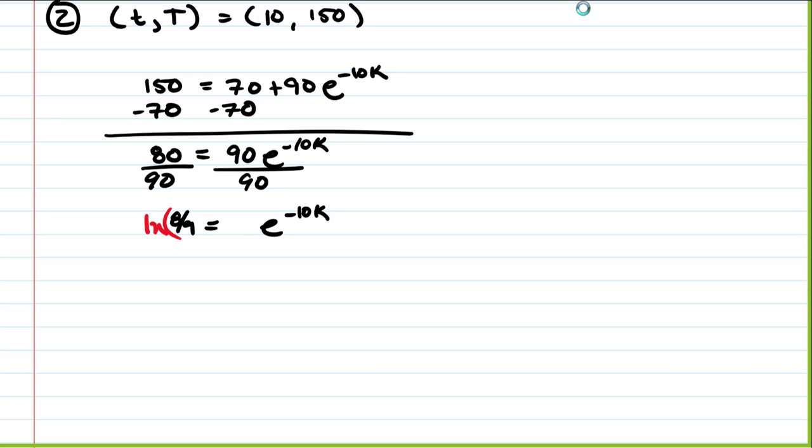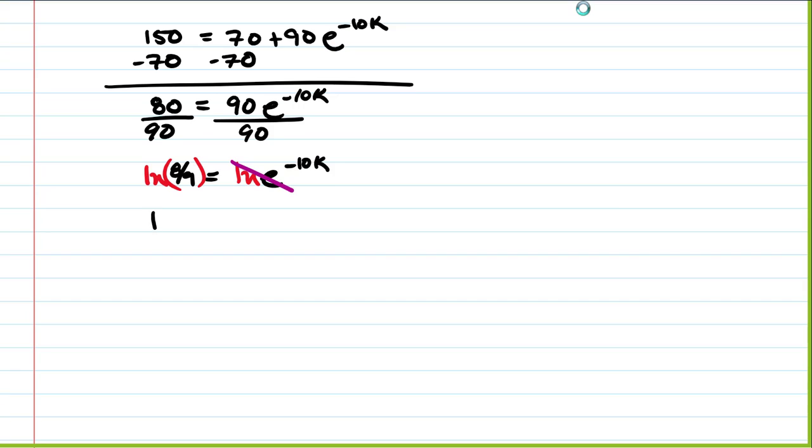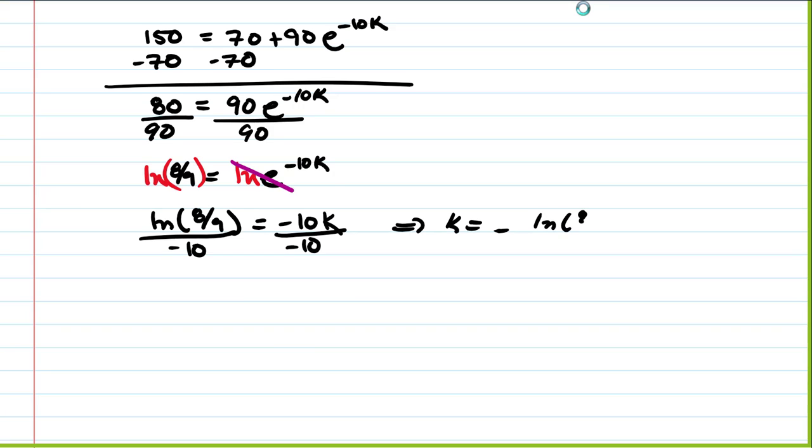We take our natural logarithm of both sides once again, and our e and our ln, being inverses, reduce out. And we have the natural logarithm of 8/9 is equal to negative 10k. We then divide by negative 10 on both sides, and this gives us k equals the negative natural logarithm of 8/9 divided by 10.